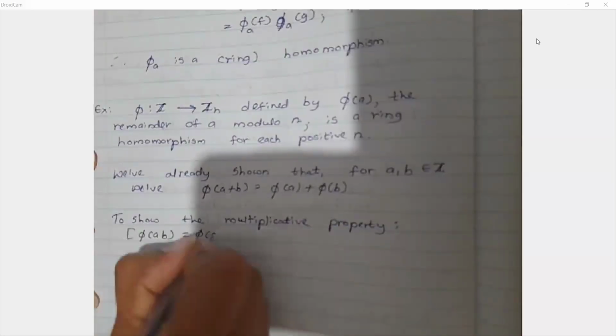What is the multiplicative property? We have to show that phi of A times B, where A and B are two integers, is equal to phi of A times phi of B. When I say times over here, this multiplication is multiplication modulo n, right?